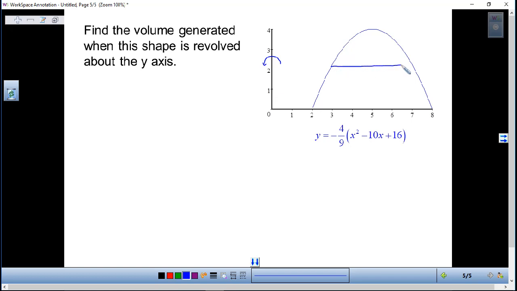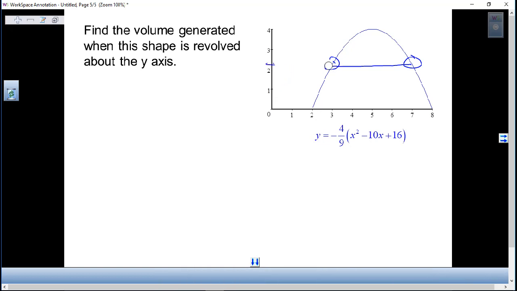So it would be really nice if we could just do the slice right here. There's only one problem. We have one equation right here, and guess what? That describes both this side and that side. So if you do your subtraction of big R minus little r, in terms of y, it doesn't change. So we have a problem there.